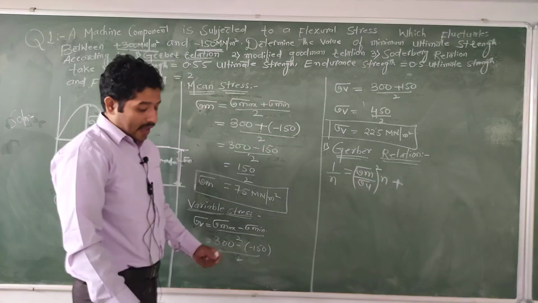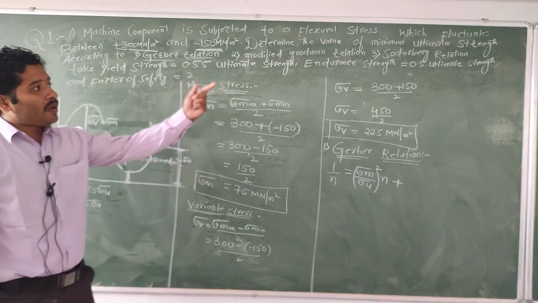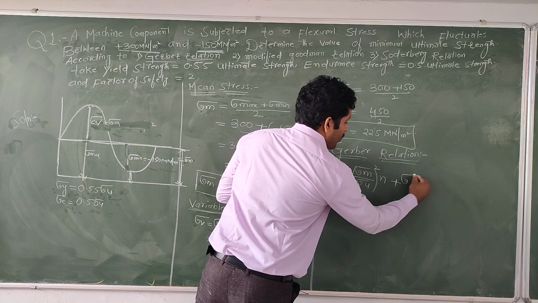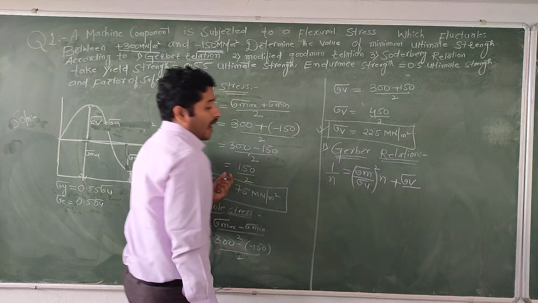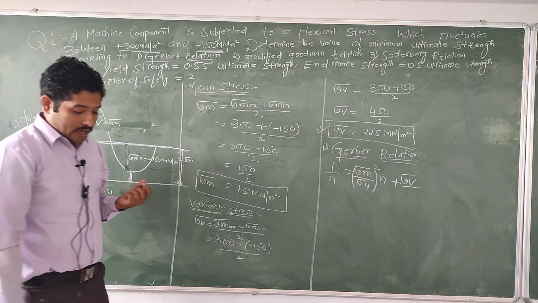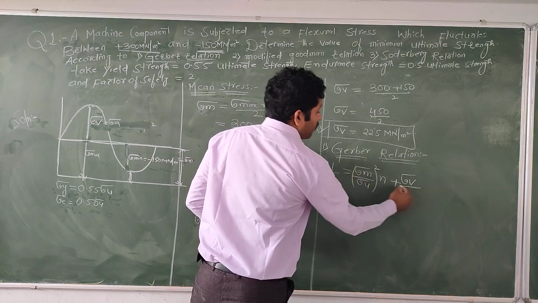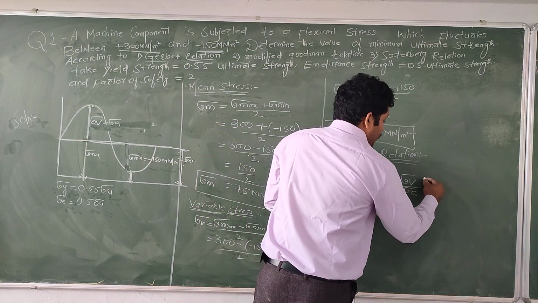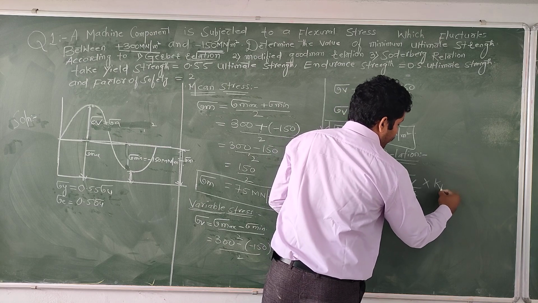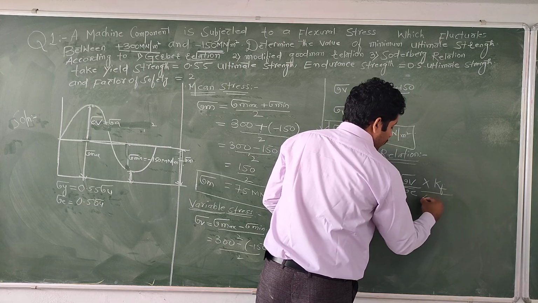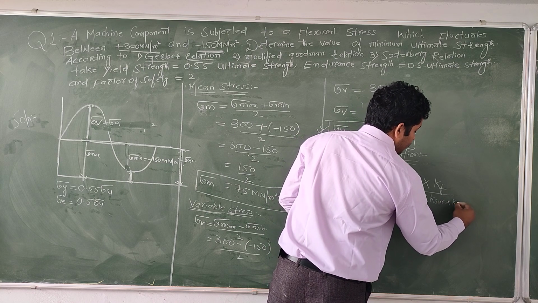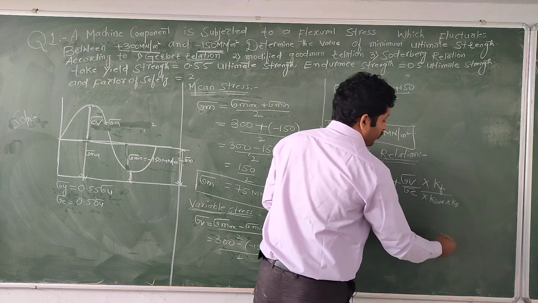Again we are talking about variable stress sigma v by the endurance limit sigma e, into kf by k surface finishing factor into k size factor.